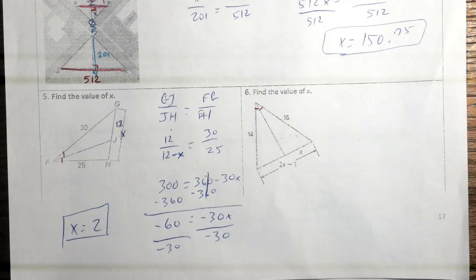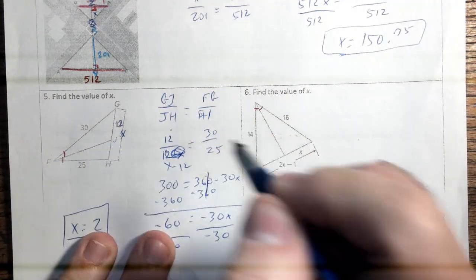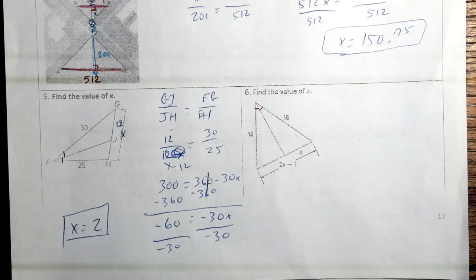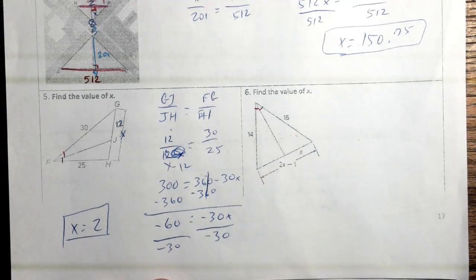It's x minus 12, not 12 minus x. I did it backwards. I couldn't figure out what I did. Sorry, guys. Let me just rewrite this real quick.